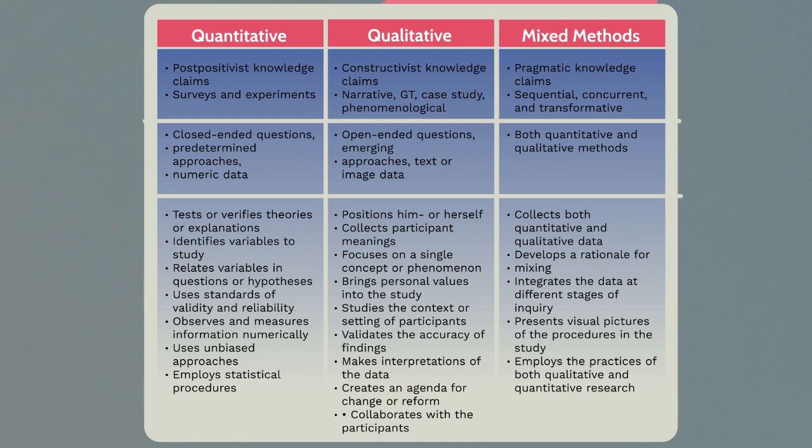The mixed methods approach takes a pragmatic view of the world and collects both quantitative and qualitative data in a logical order. The researcher is asking these questions because he or she thinks that getting different kinds of data is the best way to get a fuller picture of a research problem than either quantitative or qualitative data alone.